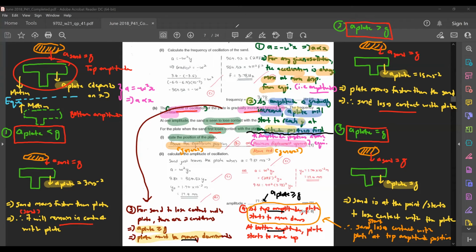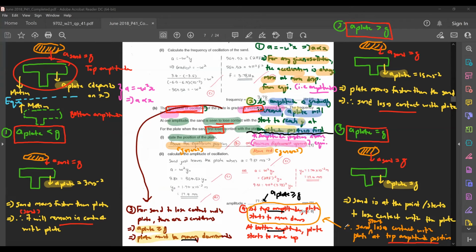Okay, this is the point where you start to lose. The keyword here for your question was they are interested in finding out the point where your sand first loses contact with the plate when your amplitude of oscillation is gradually increased. Okay, so you can actually say that it will start to lose contact at the top amplitude position first.